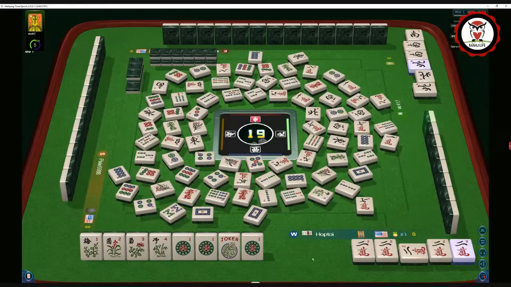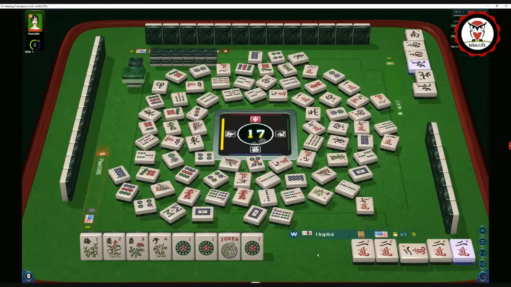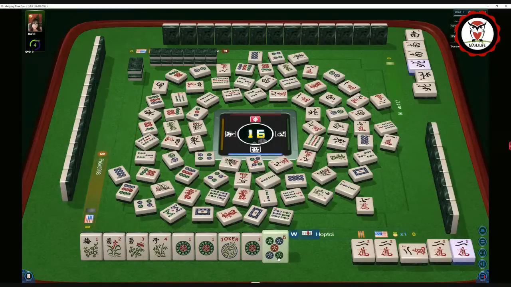That was a little frightening. 6 bamboos. 4 dots. Okay, we have 4 more picks. Red dragon. 5 dots. We're playing to win. 2 bamboos.